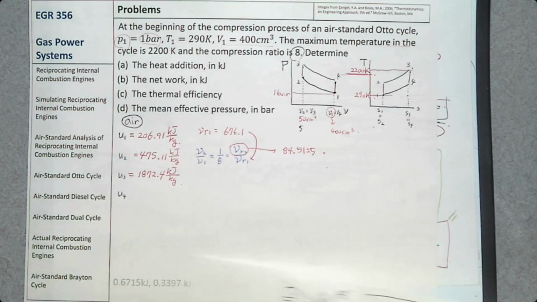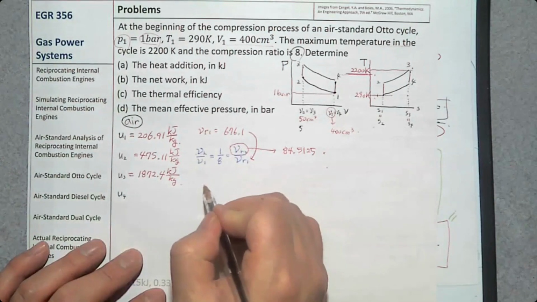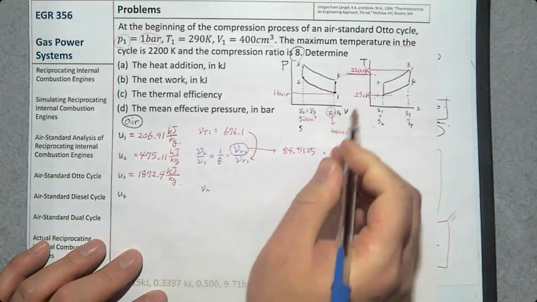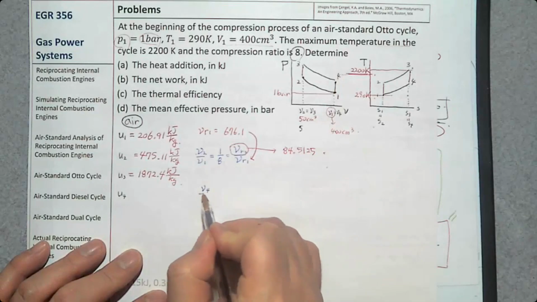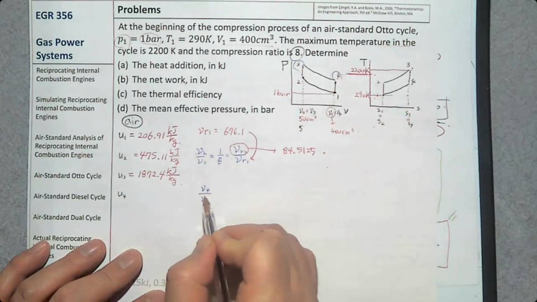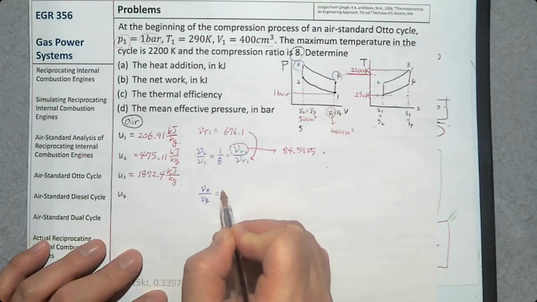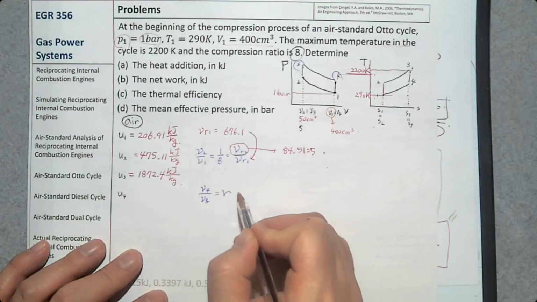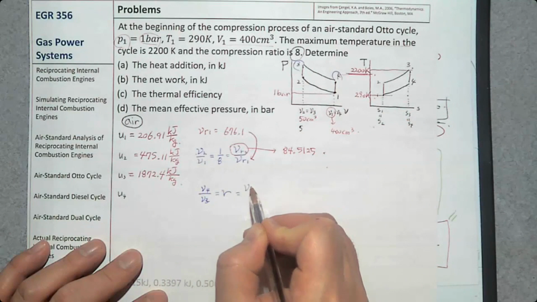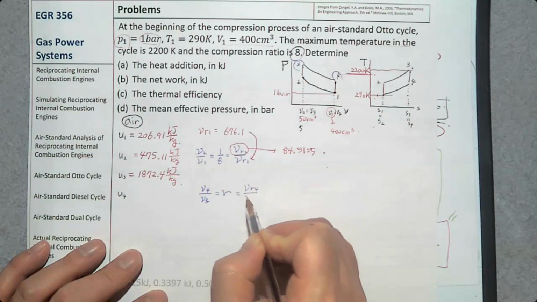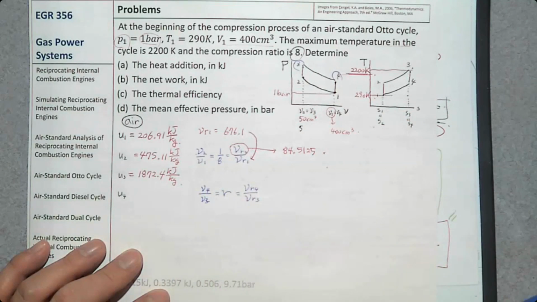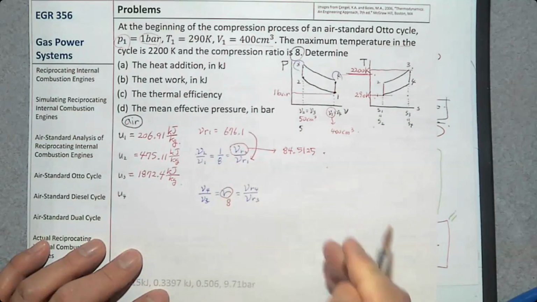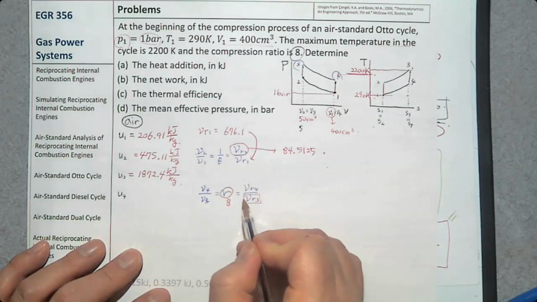What about U4? We can do the same. The compression ratio is 8. That means V4 divided by V3 is also compression ratio R, which is VR4 divided by VR3. So this one is 8. And can we find VR3?